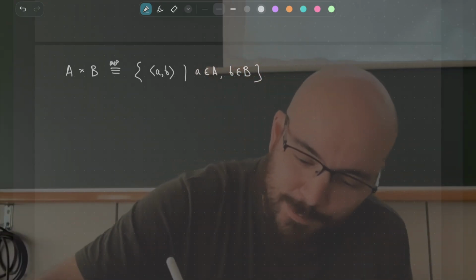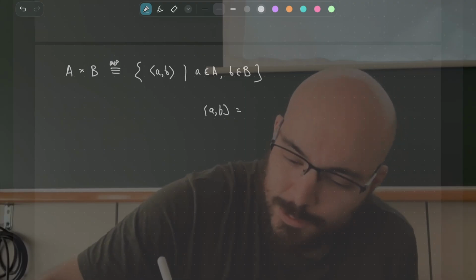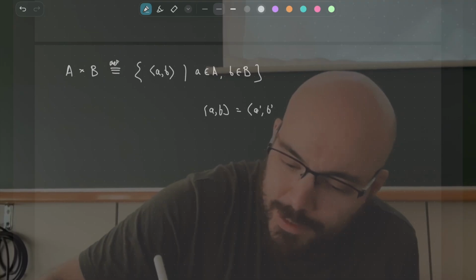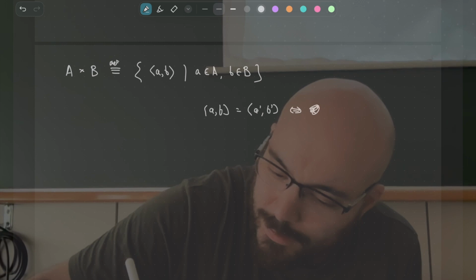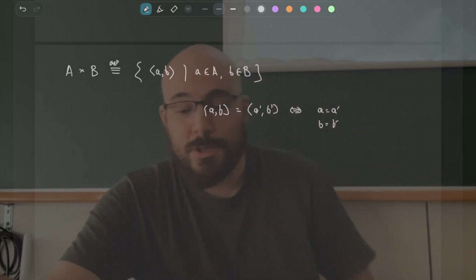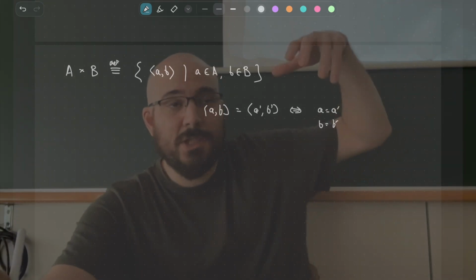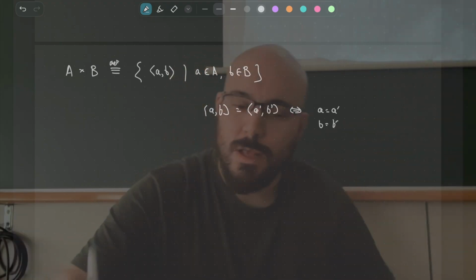It's common to see something like, okay, I need to have that (A, B) is equal to (A', B') if and only if A is equal to A' and B is equal to B'. We saw actually that from our construction, the type-theoretic construction of pairs, this is a theorem and not a definition.